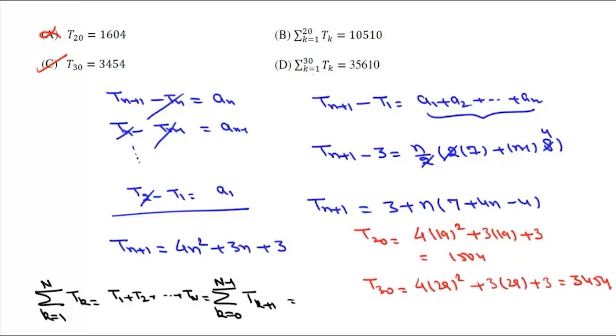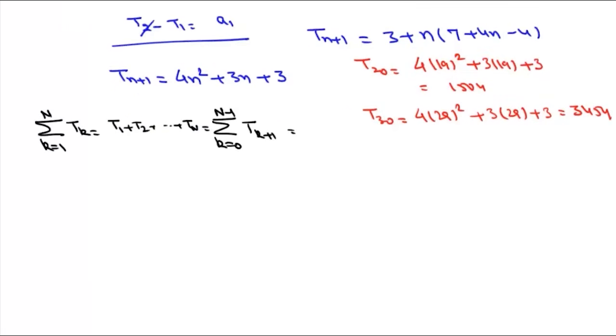Now this is summation, K varies from 0 to n minus 1, and this is 4k square plus 3k plus 3.